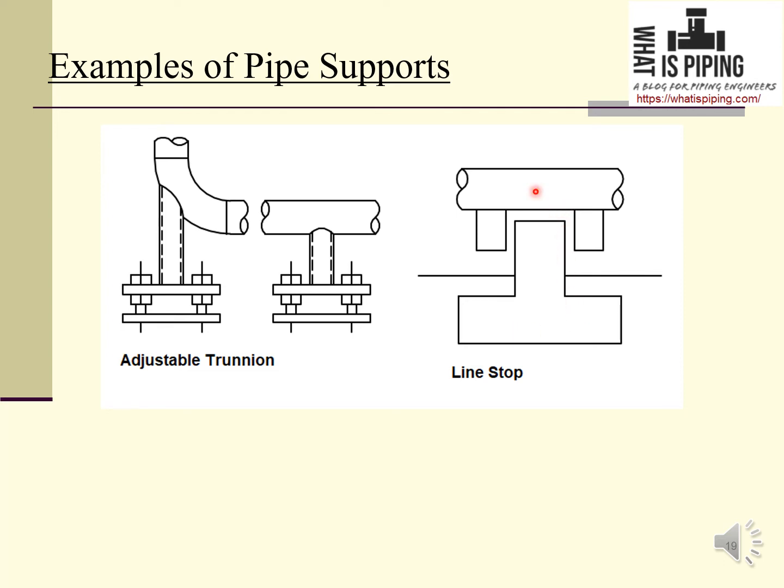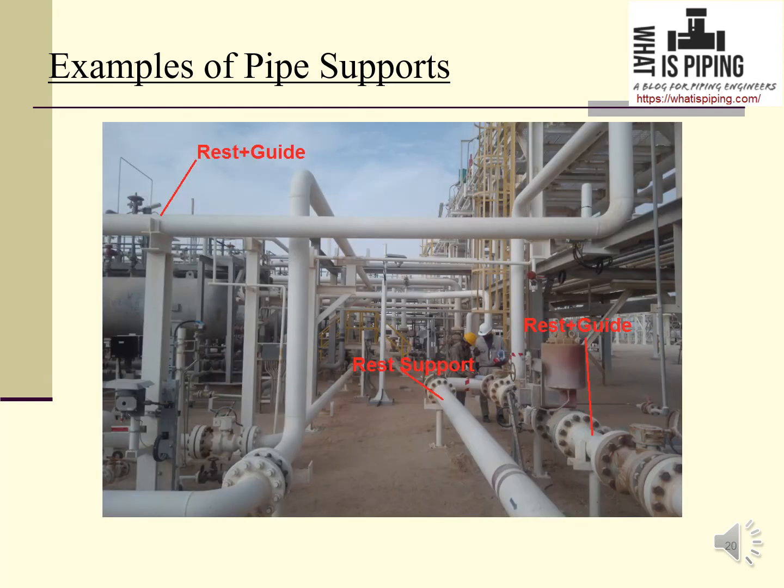So once the pipe tries to move in longitudinal direction, if it moves towards right direction, then this left member will resist that movement, and if it moves in left direction, then the right member will restrict the pipe movement in this direction. And we can allow a certain amount by providing a gap in between the structure and the supporting element. So these are called line stop or axial stops.